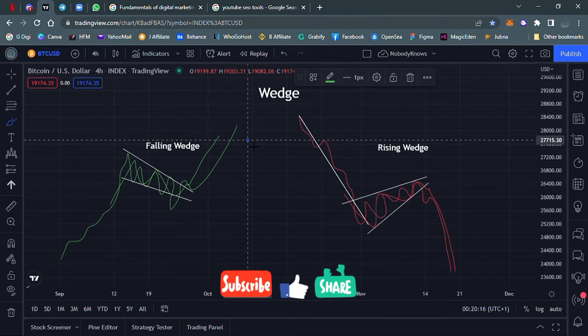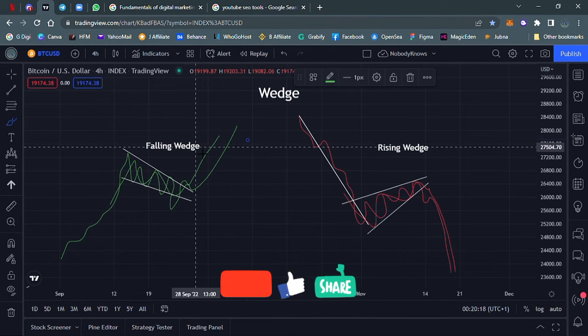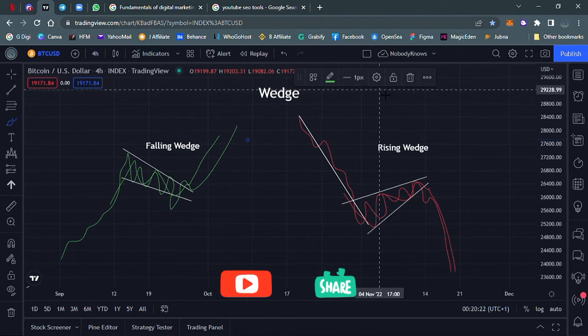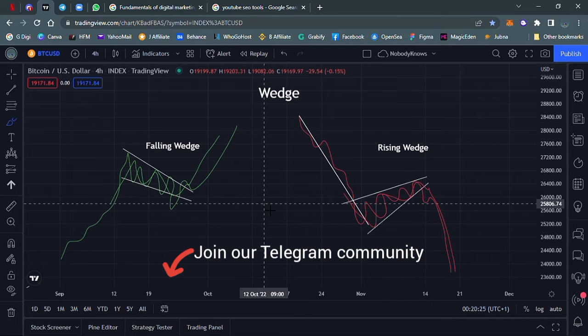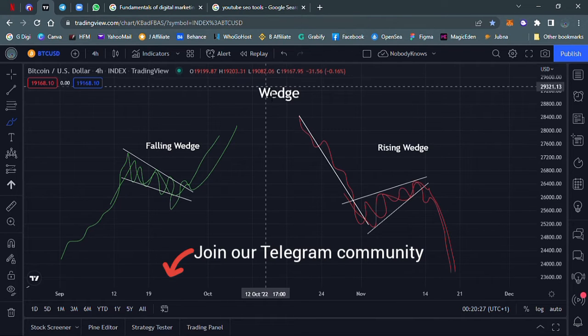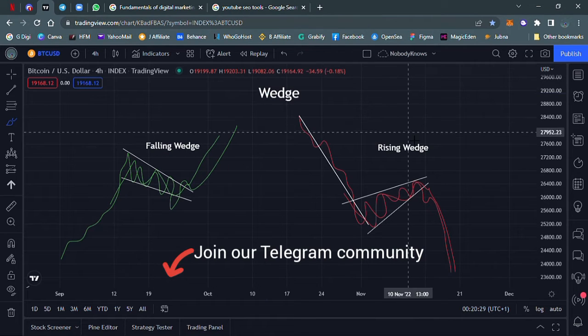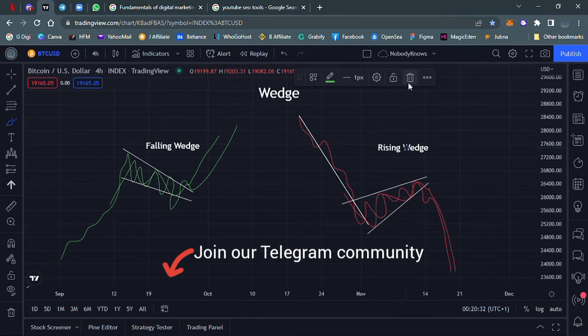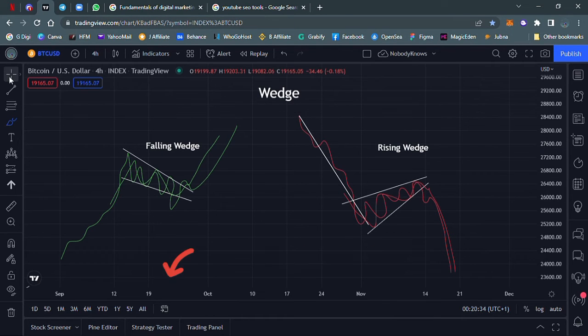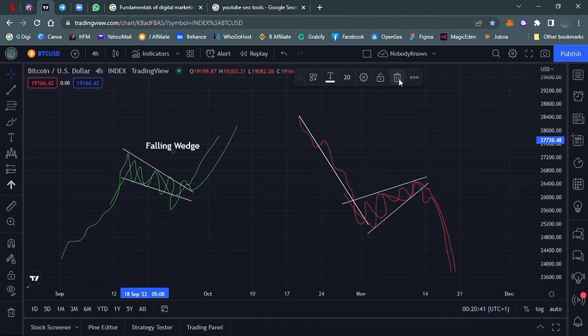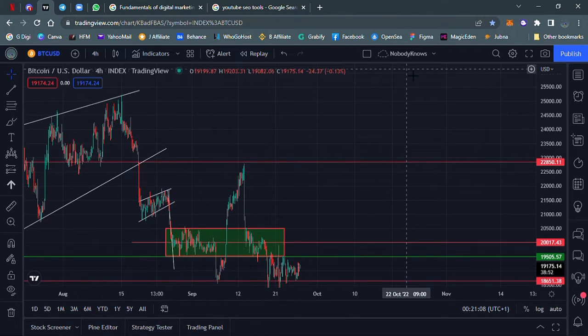Bull flag equals falling wedge, bear flag equals rising wedge. But yeah, that is basically it. Now note that when we say these patterns are being formed, you are not the one that is going to make them up in the market. The market is going to make it up. The market is going to form these things, yeah?